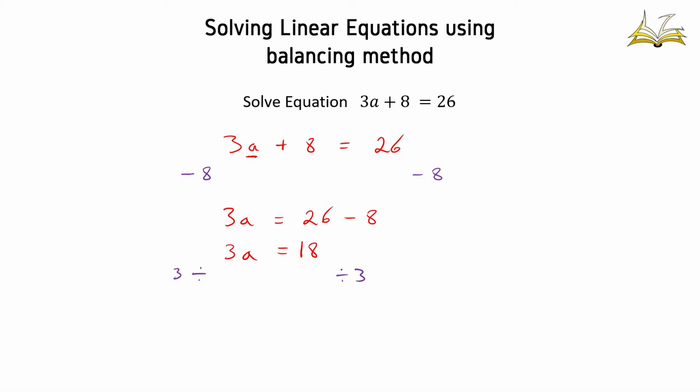We're now left with a is equal to 18 divided by 3, which means that the value for a is 6. And that will work when we put it back into the original equation. 3 times 6 is 18, and 18 plus 8 gives you 26. So I hope that made sense.